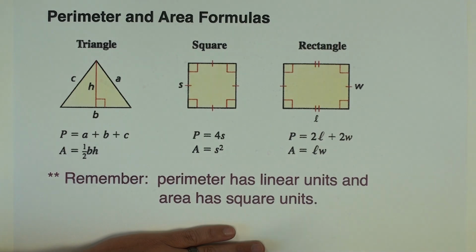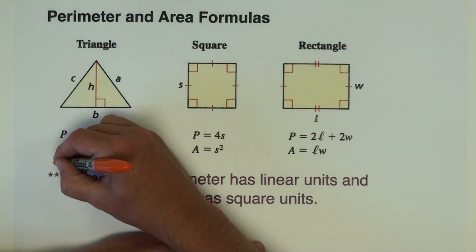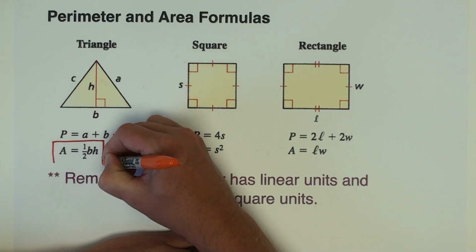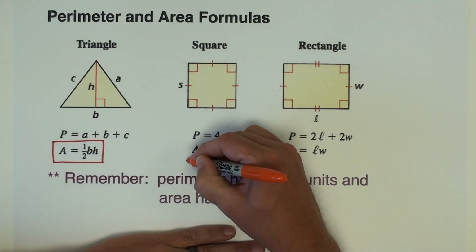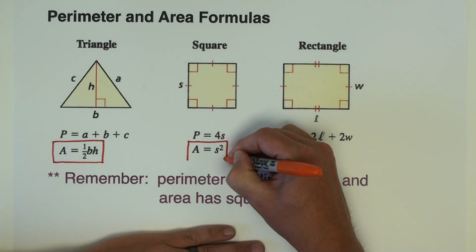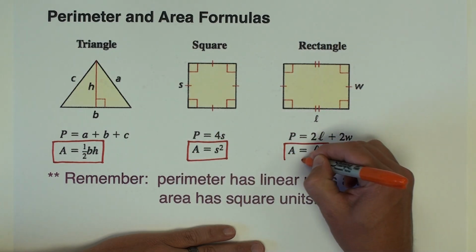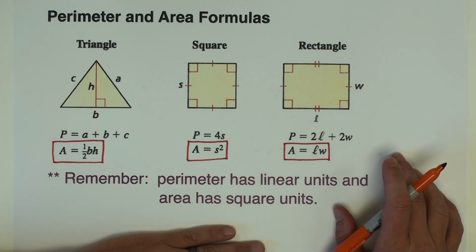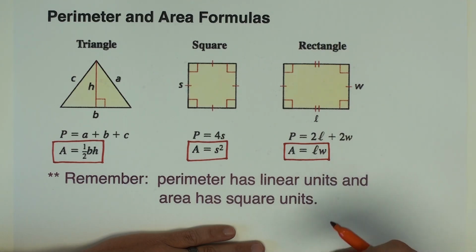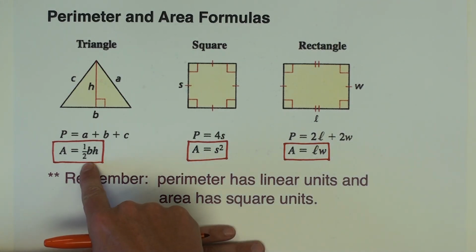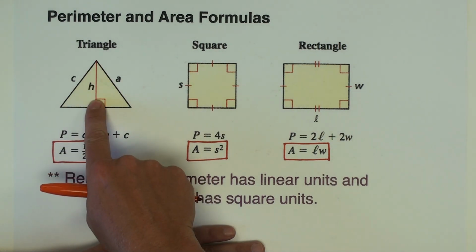That's perimeter. Area is a little bit trickier, and we do have some formulas, so I do recommend that you memorize these formulas. And we'll do examples that are going to show these as well. But again, you've certainly seen these, so we're just reviewing this. Area of a triangle is half its base times its height.